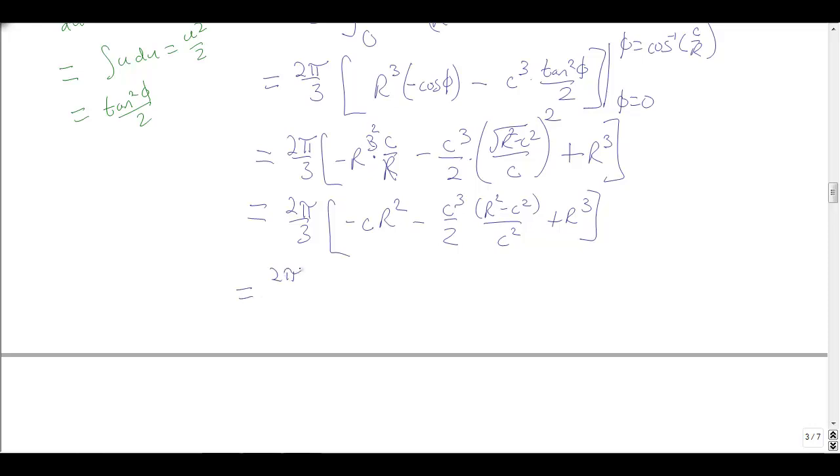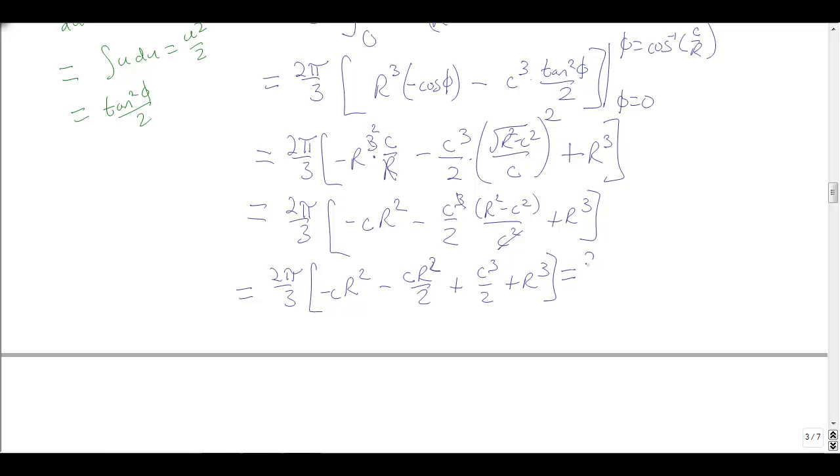So I end up with 2 pi over 3 negative c r squared. When I multiply through, the c squared cancels with 2 of the c cubes, leaving a c on top. So I'm going to get minus c r squared over 2, and then plus c cubed over 2 plus r cubed.